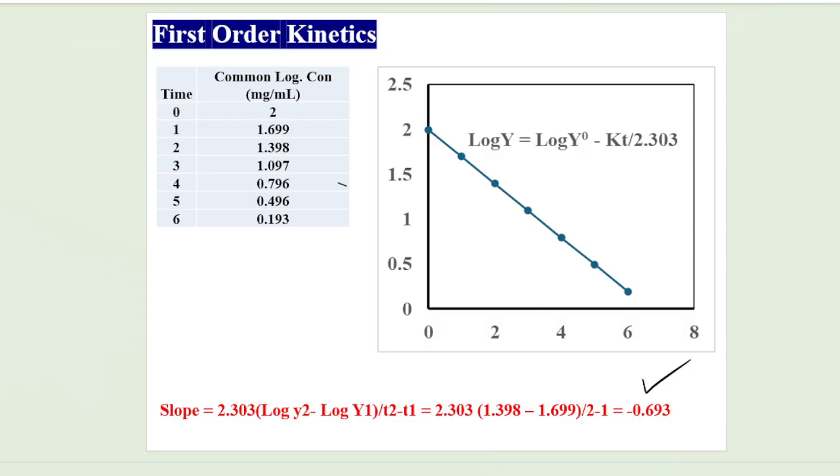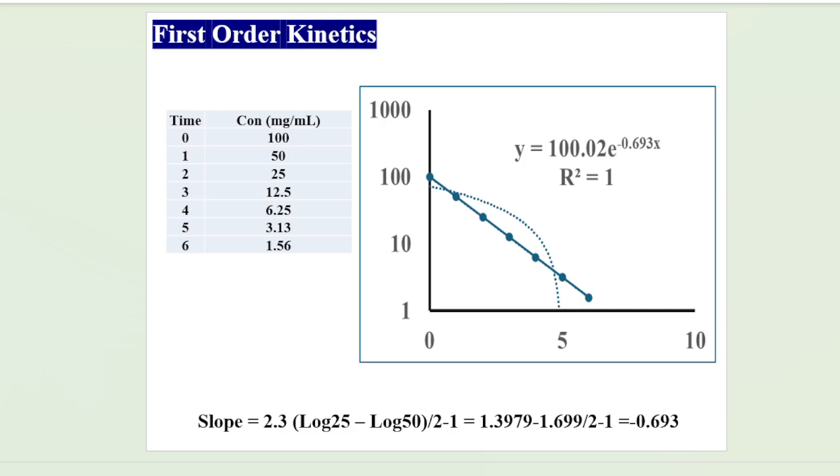And if you plot the amount or the concentration on the y-axis through semi-log graph paper, semi-log means it starts from 1 to 10, 10 to 100, 100 to 1000 and 1000 to 10,000.